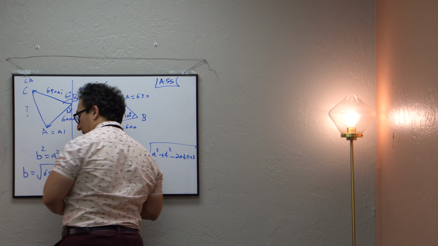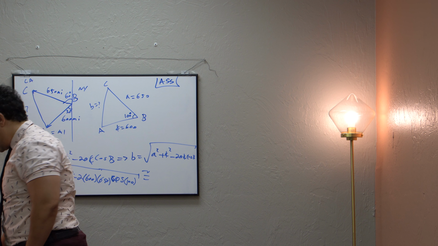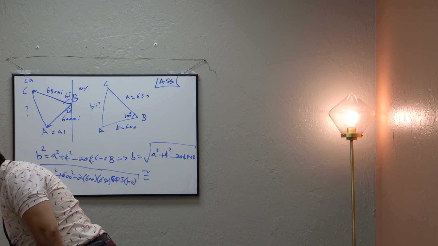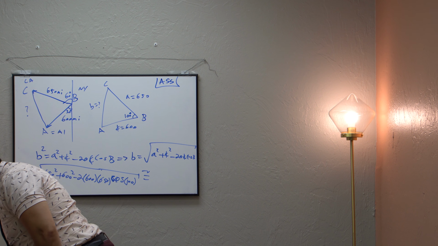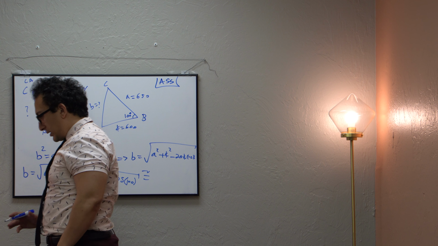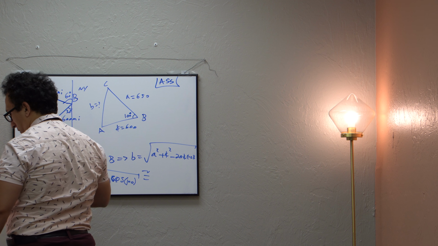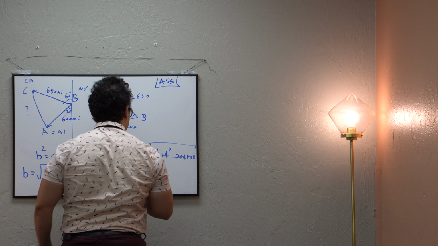Once we compute that in our handy dandy calculator, what we end up getting is that little b equals 869.